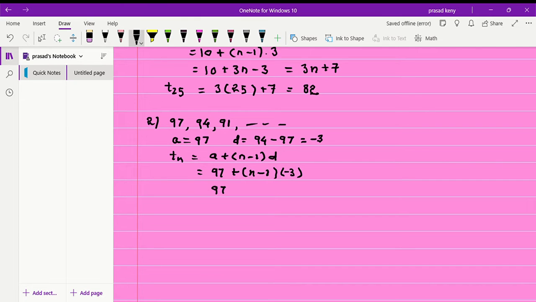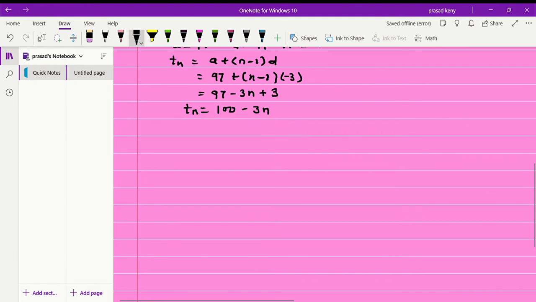So open the bracket. n into negative 3, negative 3n, and minus 1 into minus 3, that is plus 3, which is 100 minus 3n. So that is the general nth term of this AP.